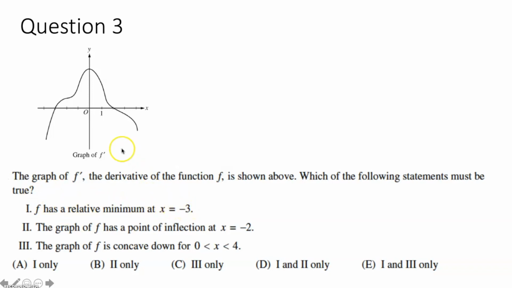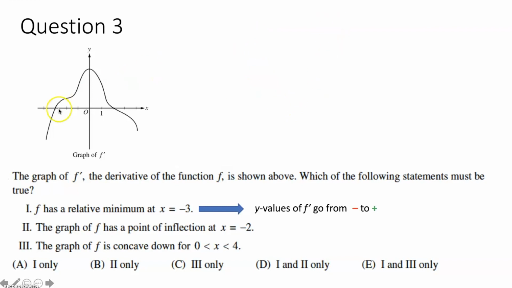So the first thing you need to remember is that we are given the graph of the derivative. In the graph of the derivative, the y values here correspond to the slopes of the tangent lines to your original function. So if we're looking for a relative minimum, we need the y values of the graph of your derivative to go from negative to positive, because that would mean the slopes of the lines tangent to your original function would go from negative to positive, meaning it would create a relative minimum.